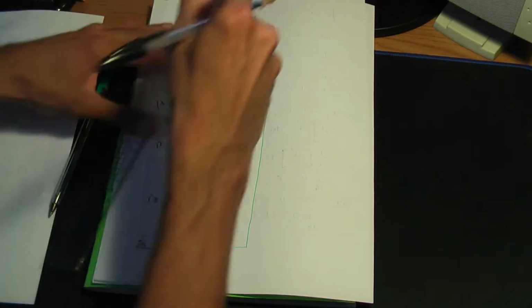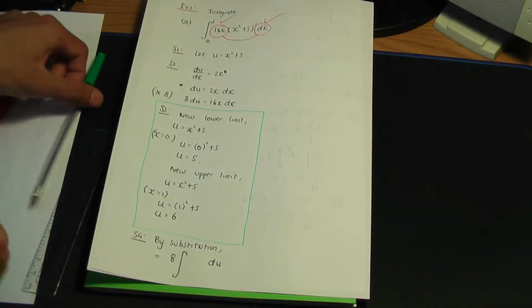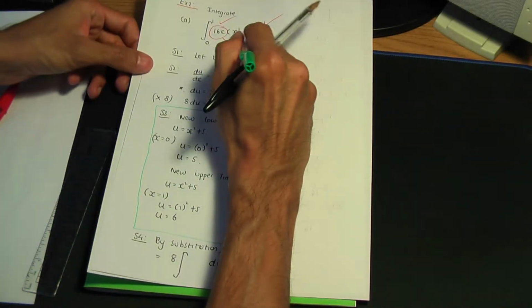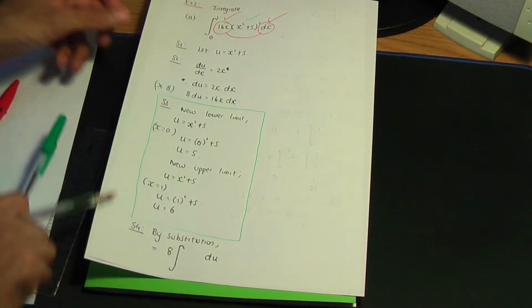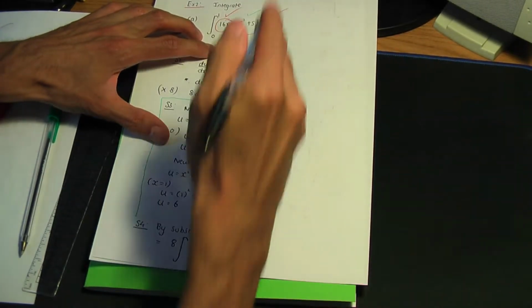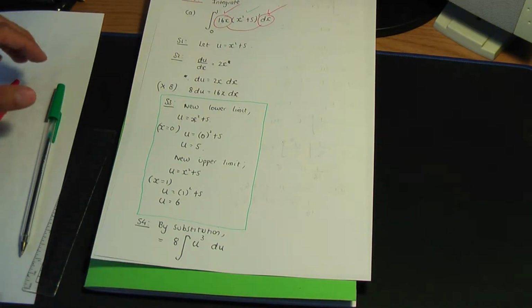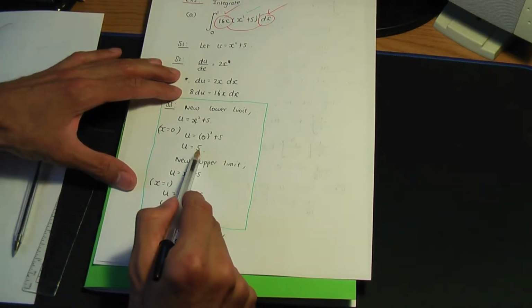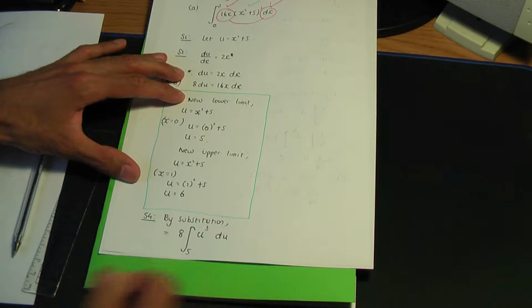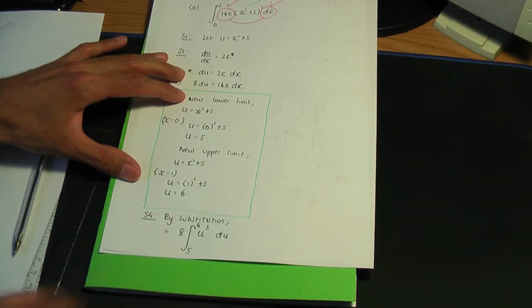So 16x and dx have been replaced. What is remaining is x squared plus 5, which I can replace by u to give me u to the power 3. And don't forget the new limits. New lower is 5, so 5 goes here. New upper is 6, 6 comes here.